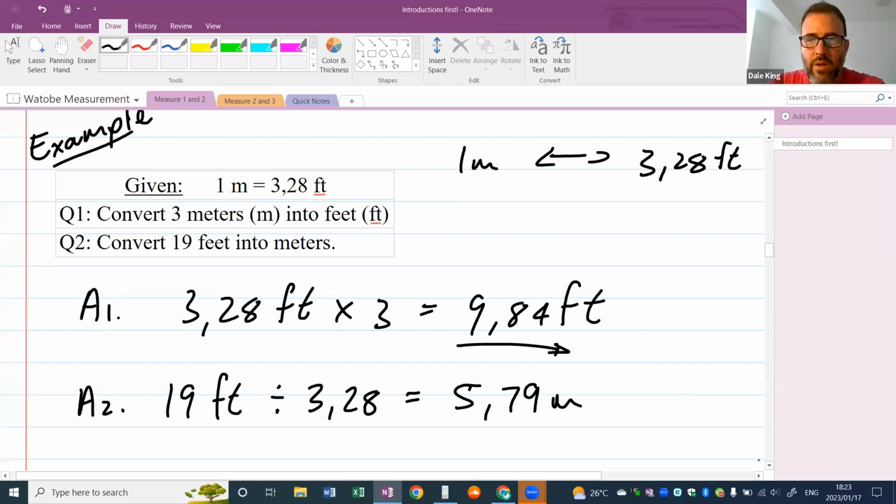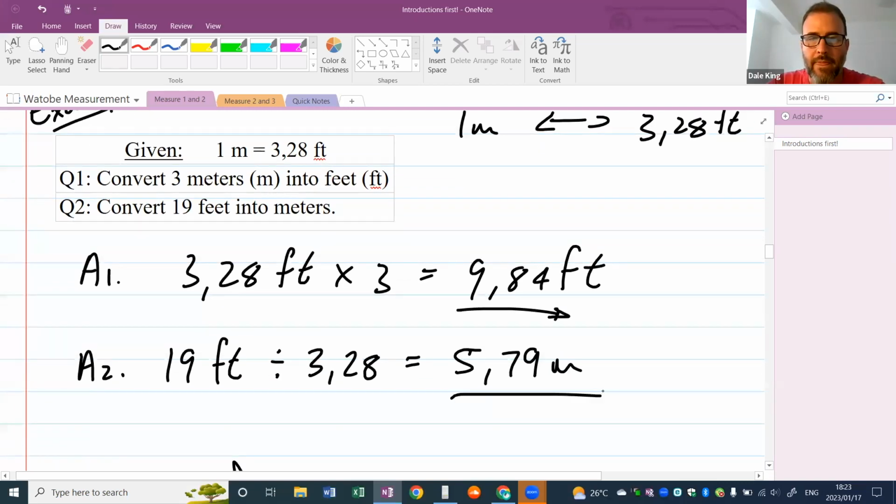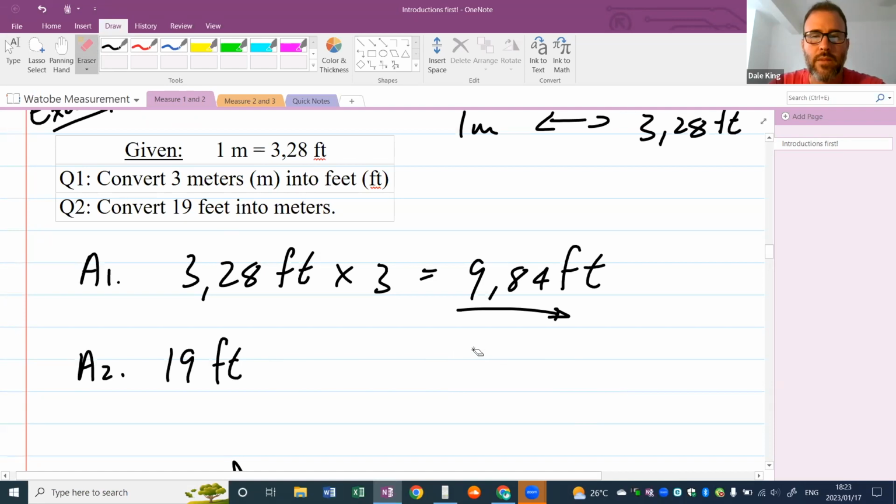Another way to look at the sum is to say, if I know that there are 3.28 feet for every meter, and then I want to know how many meters are in my 19 feet, then I'm going to ask myself, how many 3.28s are there in 19?